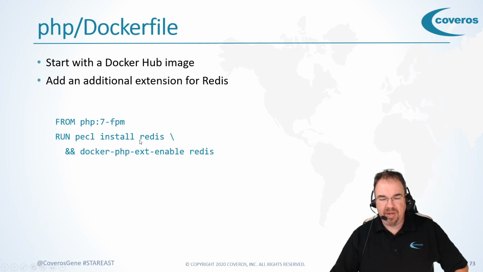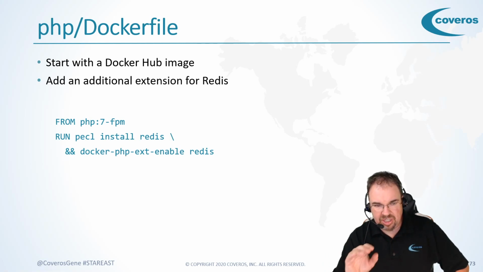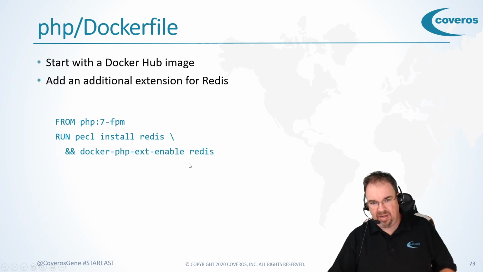So it's a PHP Redis driver, and I'm going to enable it. And it turns out on the PHP image, having to do this is so common that they actually leave a command on the image that's specific to Docker to enable an extension that just got built. And in this case, it's Redis, so those match up.